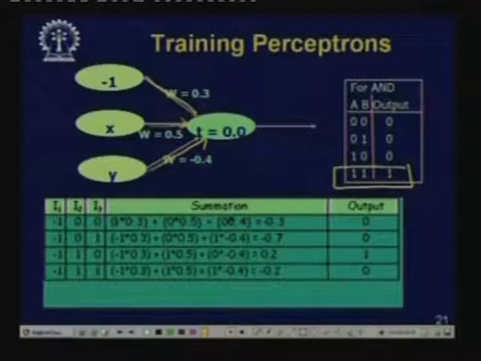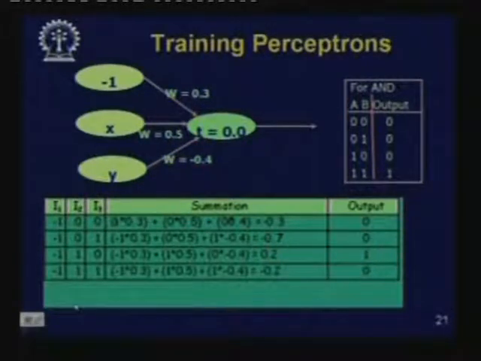So, we get the output as minus 0.3, and the output should have been 0. For A is 0, B is 1, we get an output of minus 0.7, and the output should have been 0. For A is 1, B is 0, we get an output of 0.2, and the output should have been 1. For A is 1, B is 1, the output is minus 0.2, and the output should have been 0.